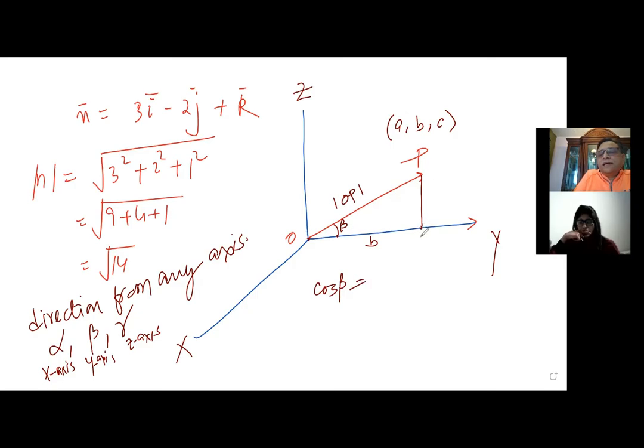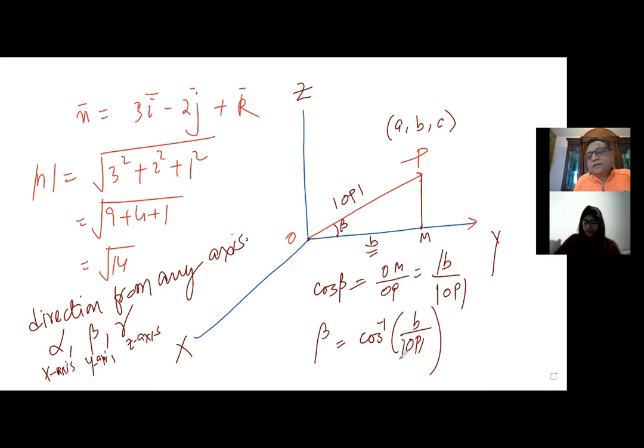Let's call this point M. So OM over OP, which is magnitude B over magnitude of vector OP. Is it okay? So simply beta is cos inverse of B over OP.